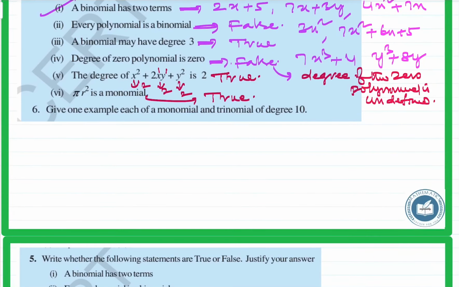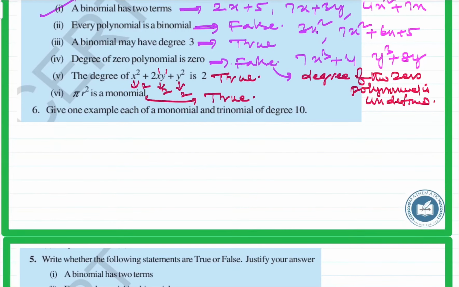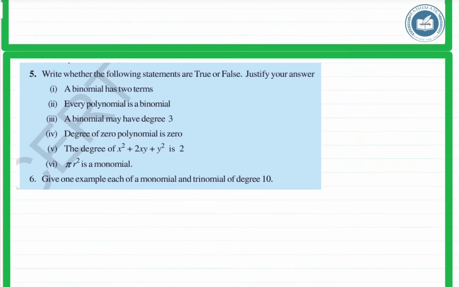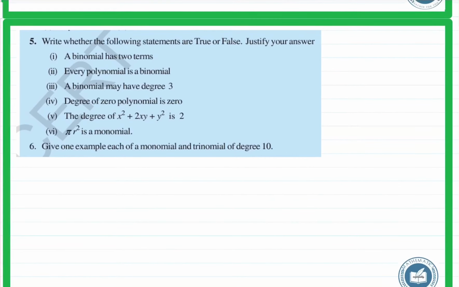Now give one example each of the monomial, binomial and trinomial of degree 10. So this one I am going to explain here. Sixth question. That degree must be 10. It must be monomial, binomial, trinomial.